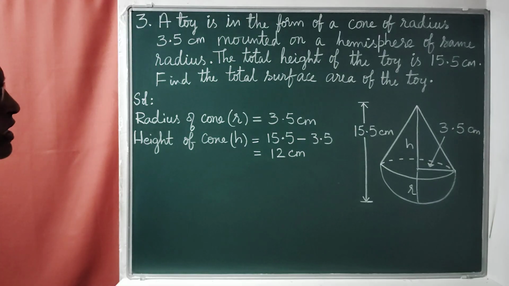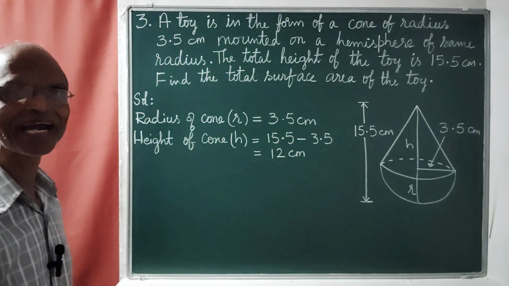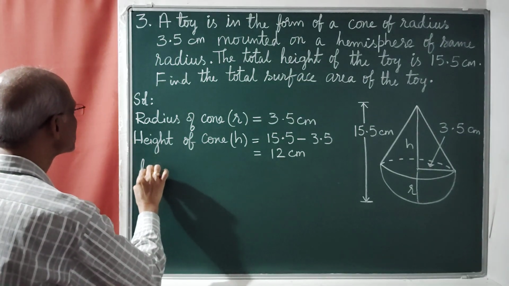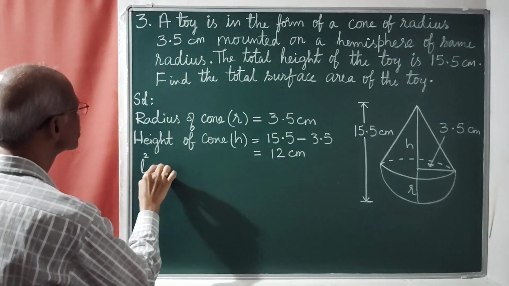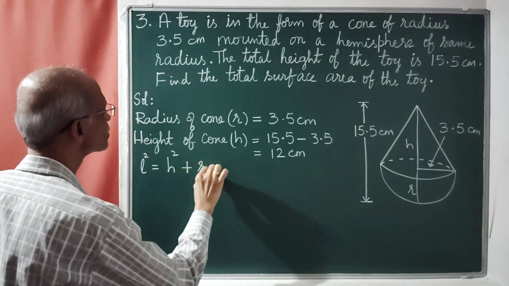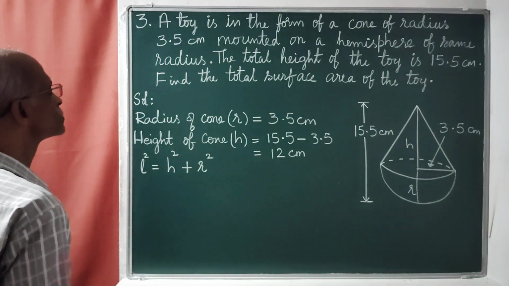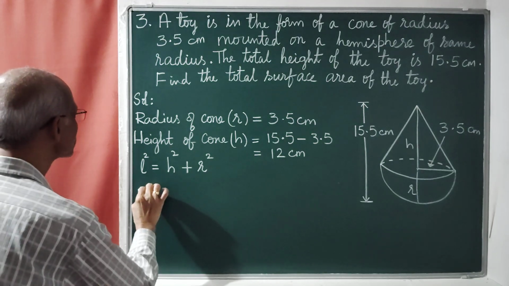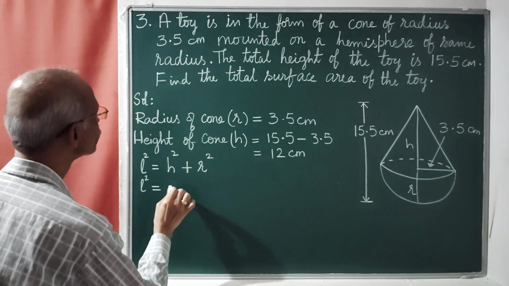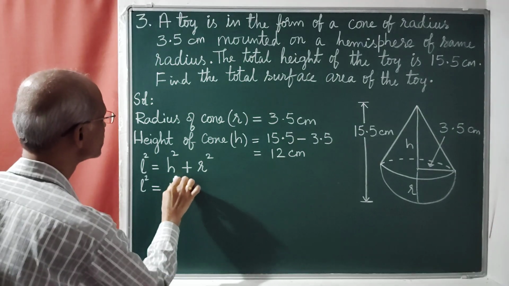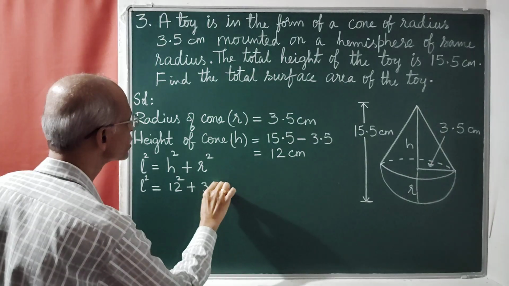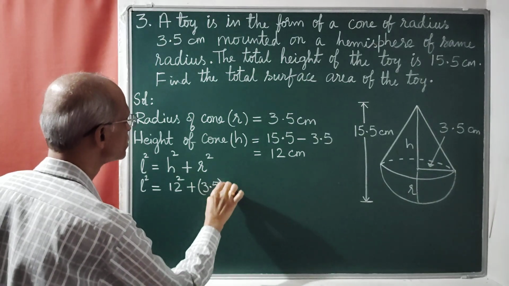Now we have to calculate the slant height, that is L. We know that L square is equal to H square plus R square. So L square is equal to 12 square plus 3.5 square.